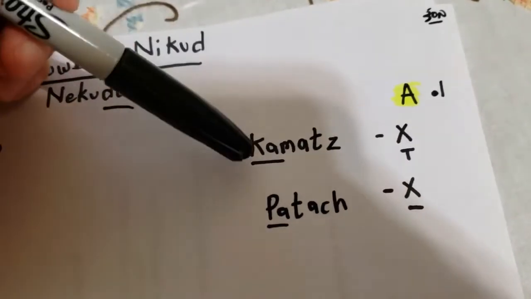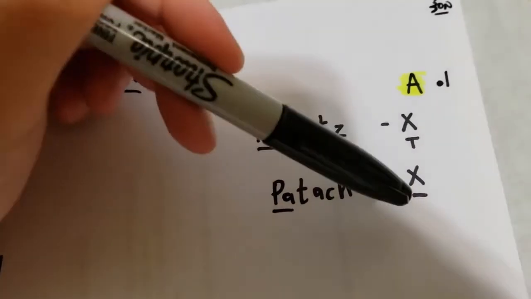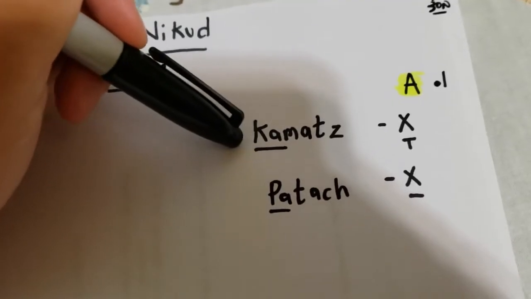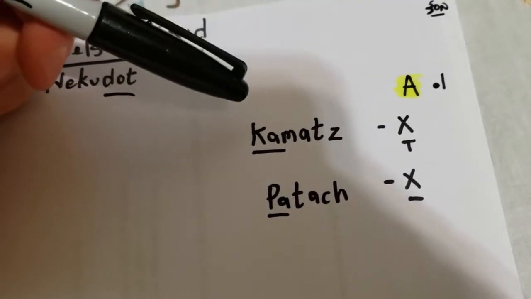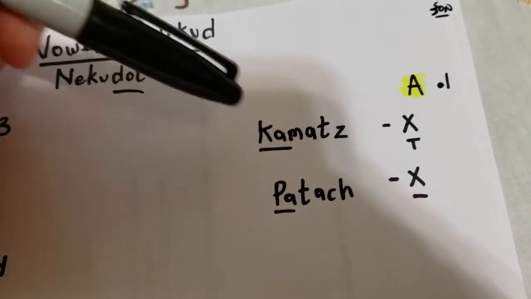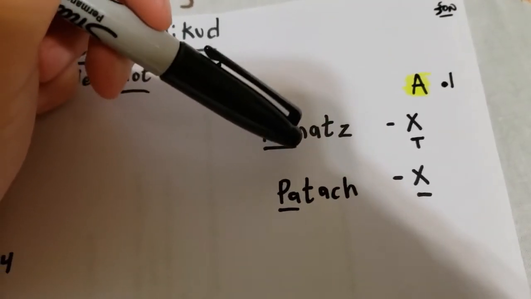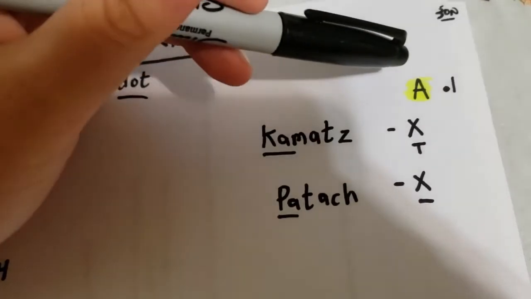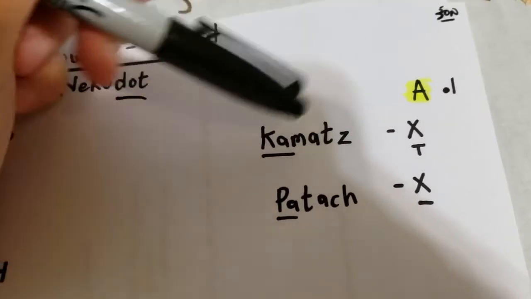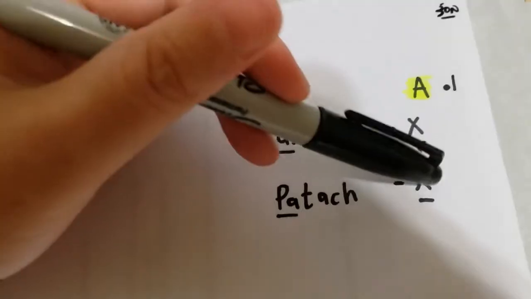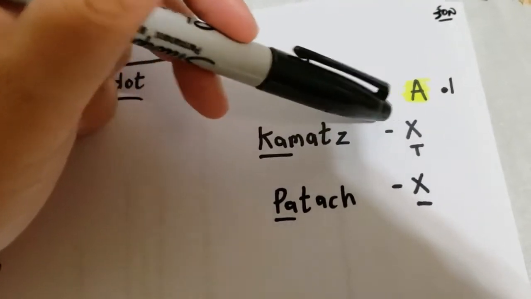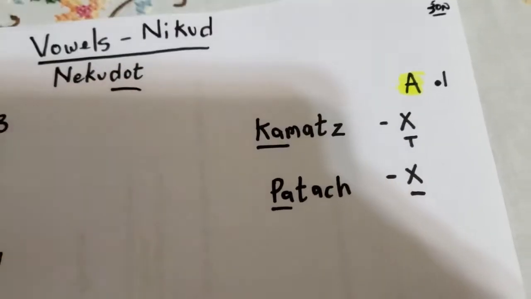So this is called kamatz, and this is called patach. I underlined the ka and the pa because if you remember the names of the Nikud, then you're going to know what kind of sound it makes, because the name of it represents what it sounds like. So A is like kamatz, A is like patach.